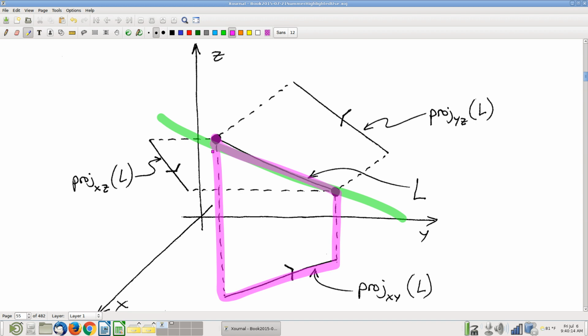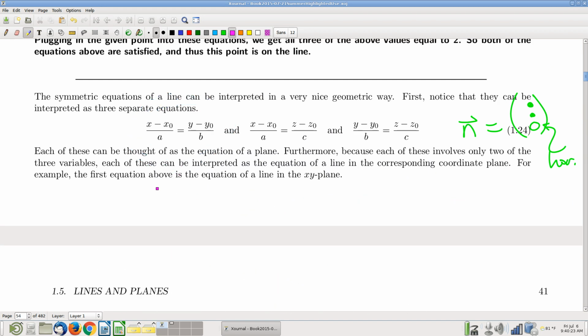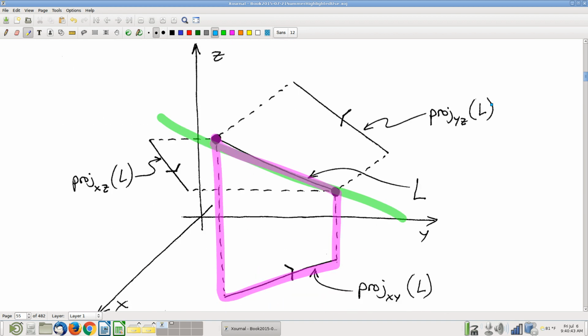Now I'm going to leave it as an exercise for you guys to go through the analogous arguments and try to decide, for example, what can we say about that equation? Well, that equation is a plane. It contains the line, and think through the rest of the details. And the punchline is going to be that that plane is the plane containing L that is parallel to the y-axis.